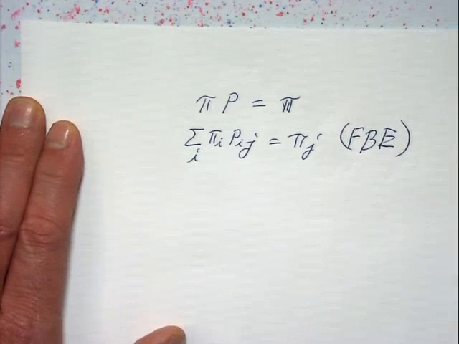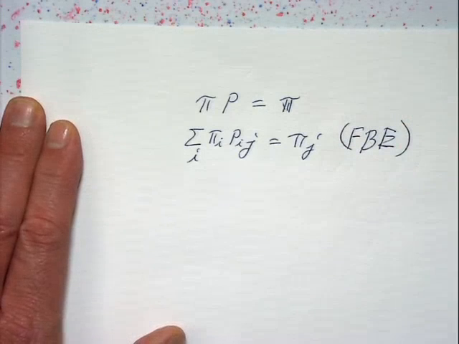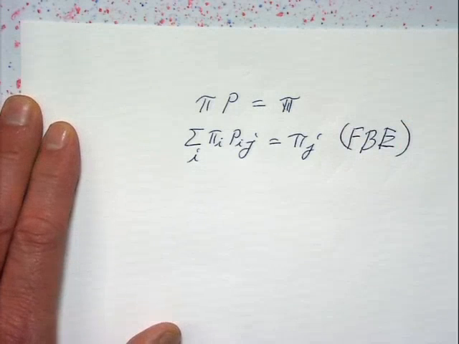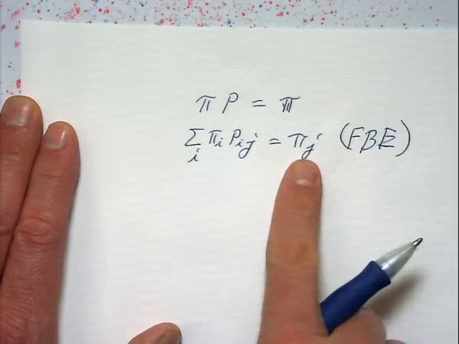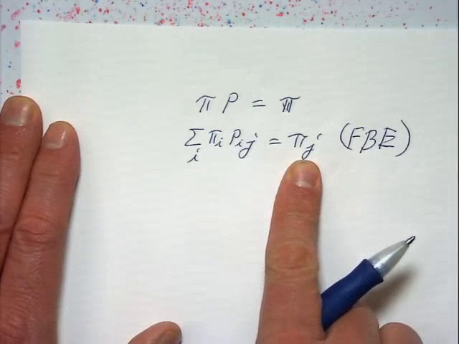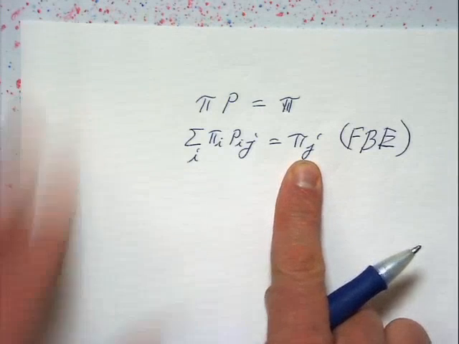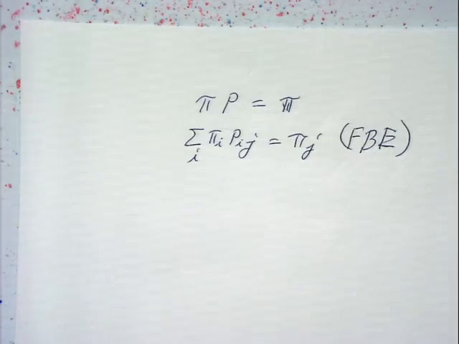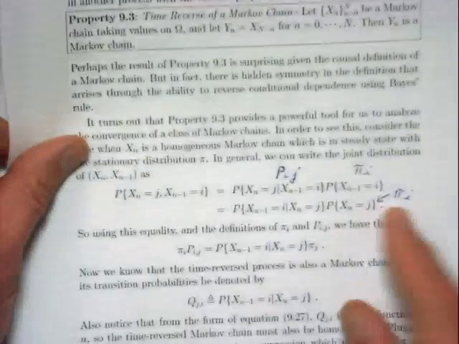When we find a solution to the full balance equations, and if the Markov chain is ergodic, then the solution to the full balance equations will be the steady state distribution of the Markov chain. So we're assuming this pi is the solution to the full balance equations.